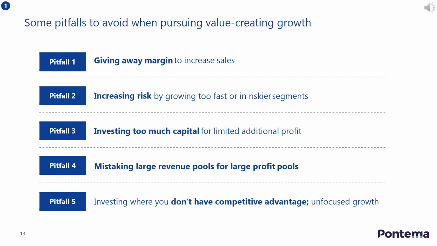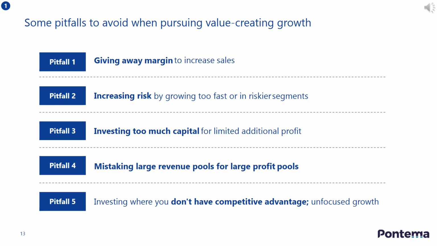There are 5 pitfalls to avoid when your organization is pursuing value-creating growth. Firstly, avoid giving away margin to increase sales. Instead, focus on non-monetary value differentiators, such as quality or technical leadership. Secondly, avoid increasing risk by growing too fast or moving into riskier segments.